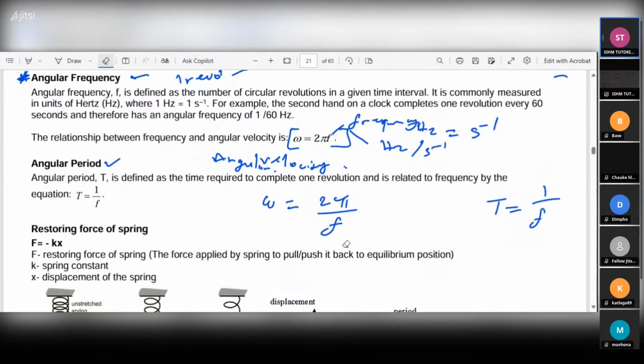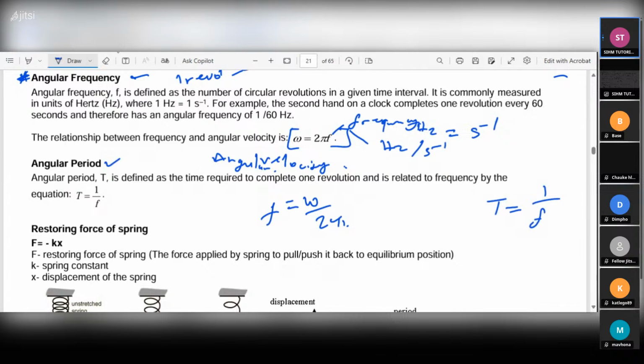It should be the other way, and then the frequency should be in this way. So we can calculate the frequency.